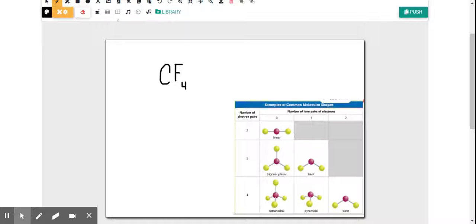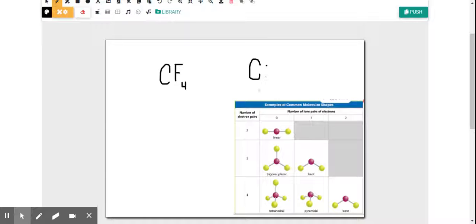So let's just look at carbon and fluorine and figure out which one of those can make how many bonds. If you look at carbon on the periodic table, it's in group 14. This tells us it has 4 valence electrons.